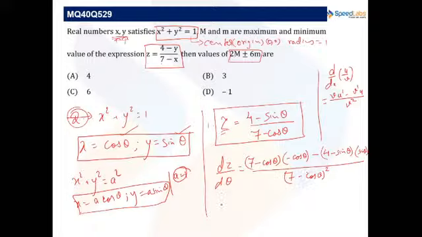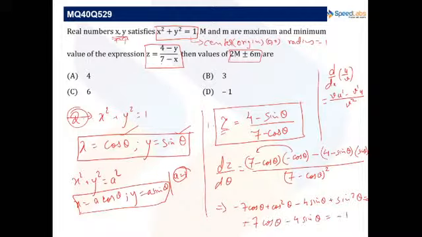On solving, we will get minus 7 cos theta plus cos square theta minus 4 sin theta plus sin square theta equal to 0. So minus 7 cos theta minus 4 sin theta equals to minus 1, or we can say 7 cos theta plus 4 sin theta equals to 1.